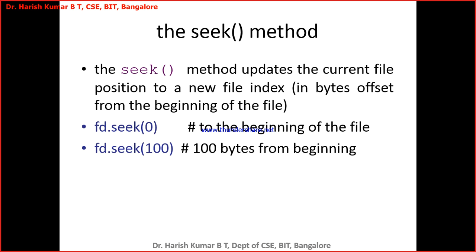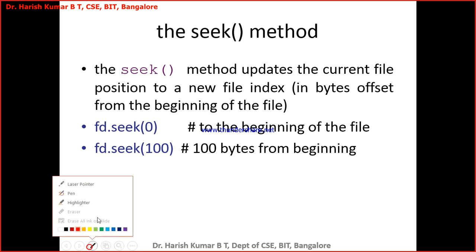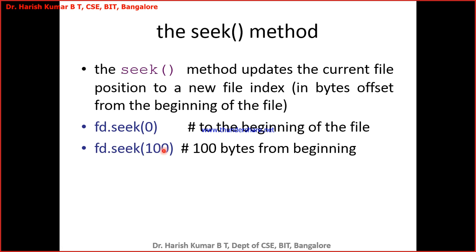Similarly, from the beginning of the file, if I want to position the read write pointer to the 100th byte, or to an offset of 100 bytes from the beginning, I would do it like this: fd.seek(100). Now the read write pointer gets positioned to an offset of 100 bytes from the beginning of the file.